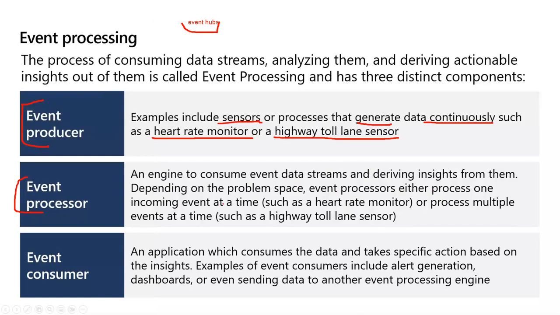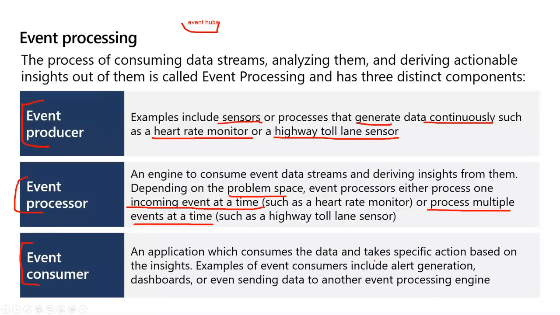So there are going to be different types of context, right? Problem space: one incoming event at a time, or processing multiple events at a time. That depends on what you are monitoring. Finally, you're going to consume those events generated after being processed, right?